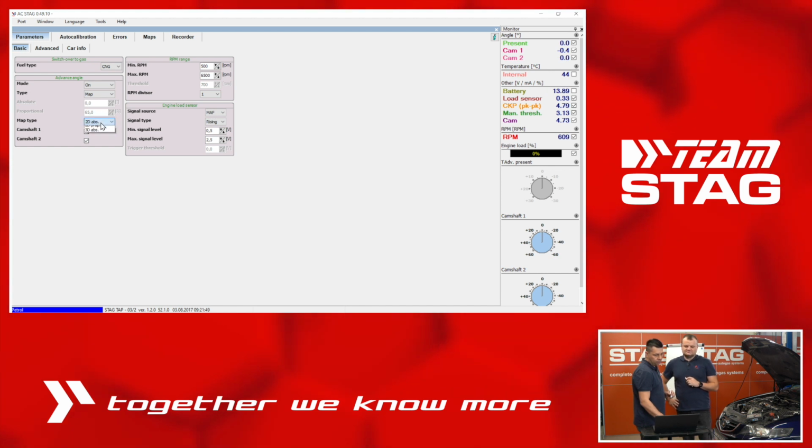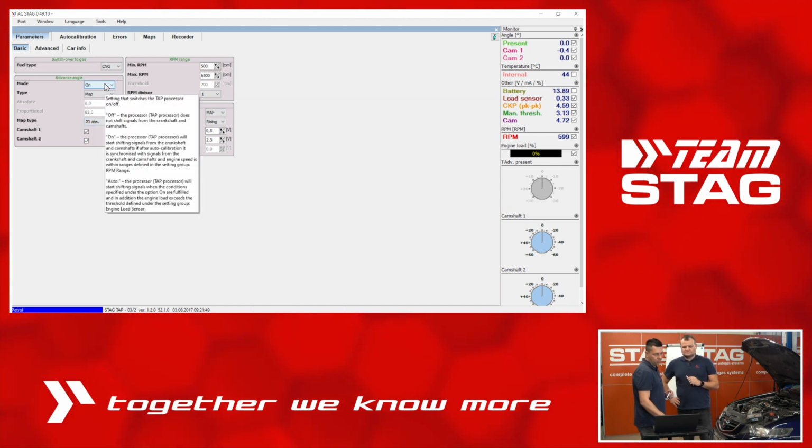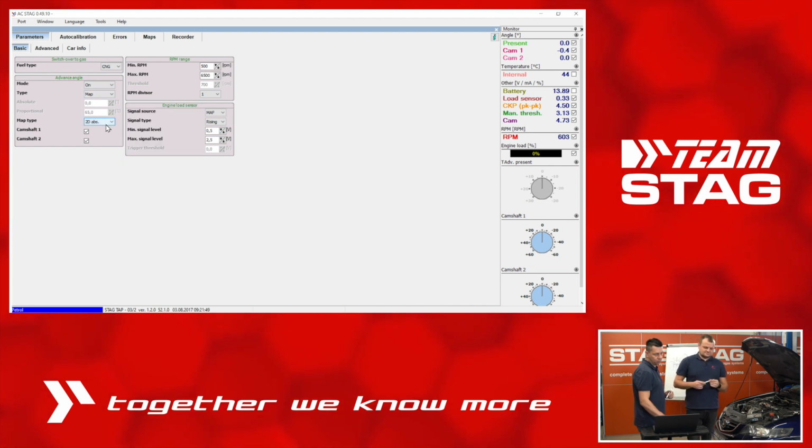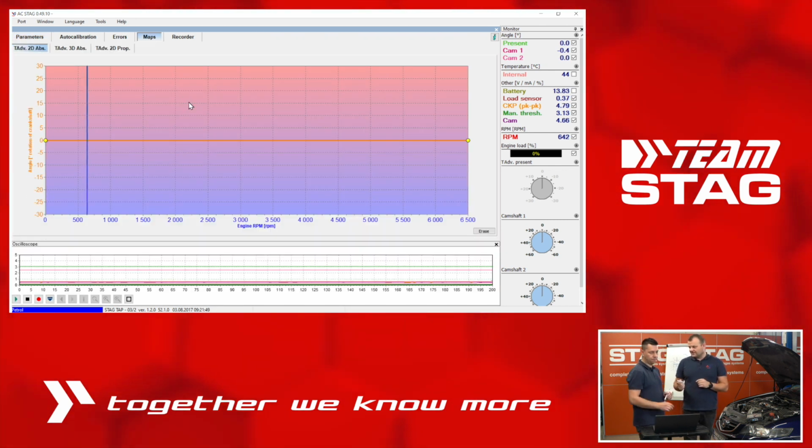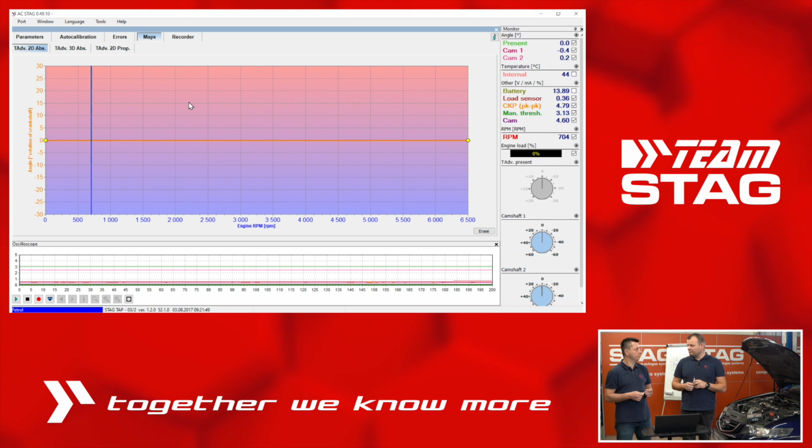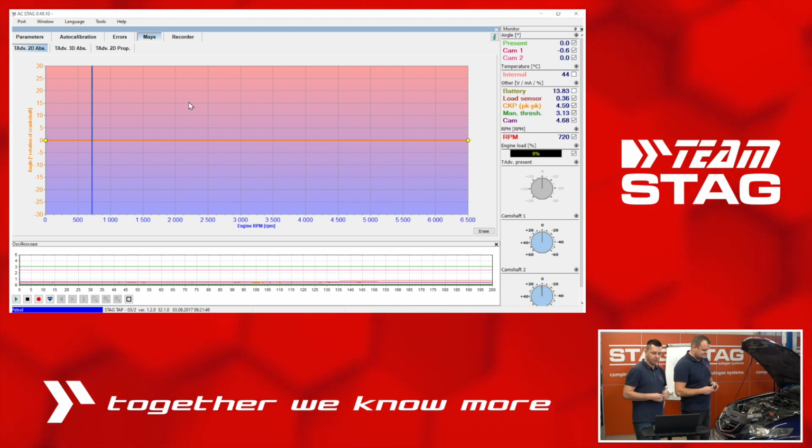Exactly. And then just change to 2D, dimension absolute. It's already chosen. So right now the mode is on, map is selected, absolute, CNG as the fuel. Yes, and meanwhile I will connect the second oscilloscope probe to the output of TAP. Okay, I understand.